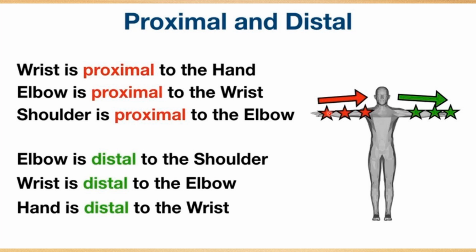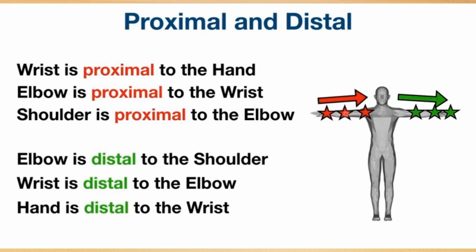When we compared the wrist and the hand, the wrist was proximal to the hand. But now, comparing the wrist and the elbow, the elbow is closer to the trunk, which is this side. Because it is closer to the trunk, we say the elbow is proximal to the wrist.